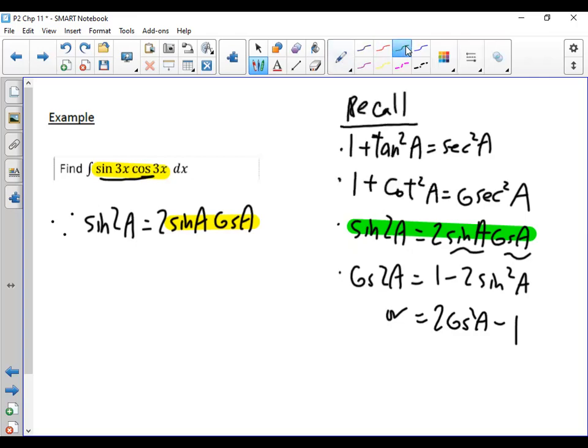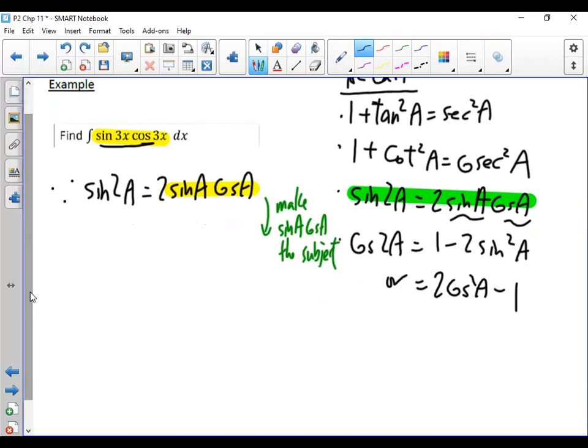So I want to make sine A cos A the subject. Why sine A cos A? Because the question has sine A cos A in there. So we divide by 2 over.